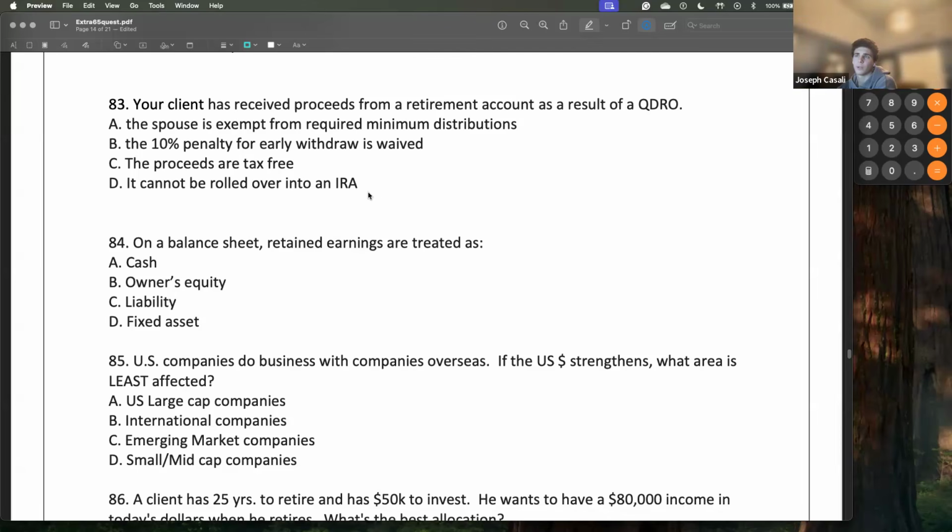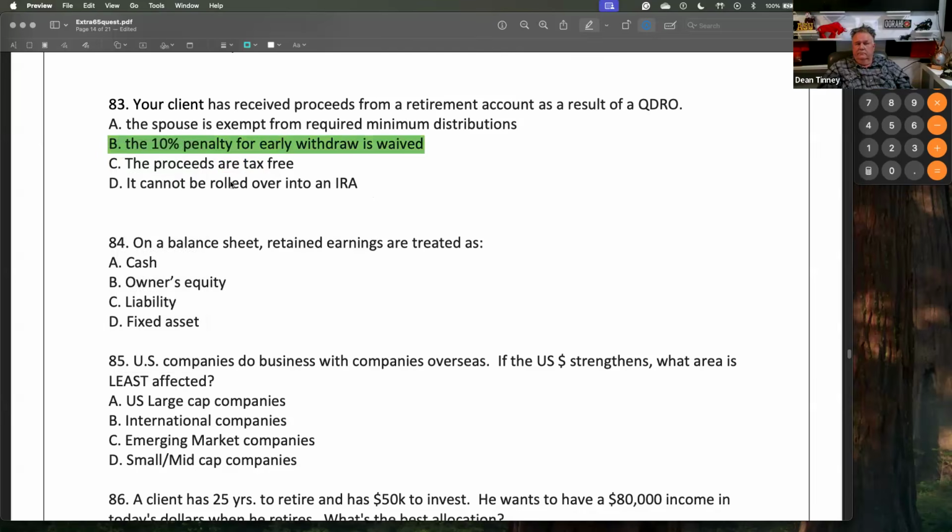Is it that it can't be rolled over into an IRA? No, it can't actually. It's B. They don't have to pay the 10% penalty as long as they do roll it over, right? So it's B.